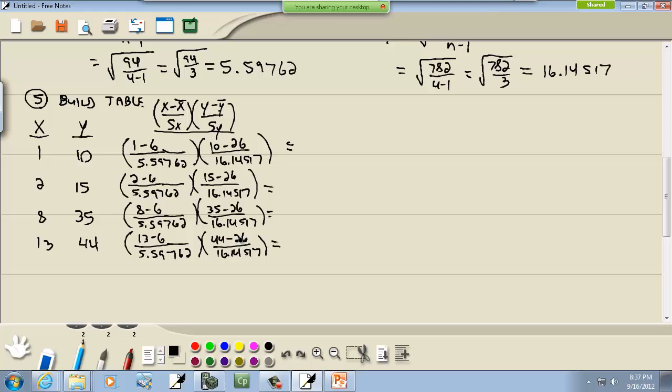Closing parentheses divided by 16.14517. Closing. Enter. Okay. First one to the 5 decimal places, 0.88521. The next one, I'm doing second enter, bring up the previous entry. Very handy in these problems.